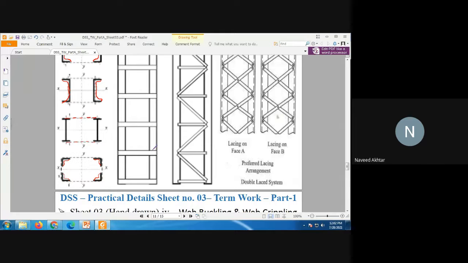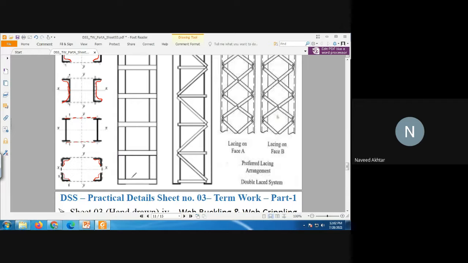Very slender sections are used, but two to four members are joined to make a built-up column. So these are different sections you can use for the battening system and the lacing system.